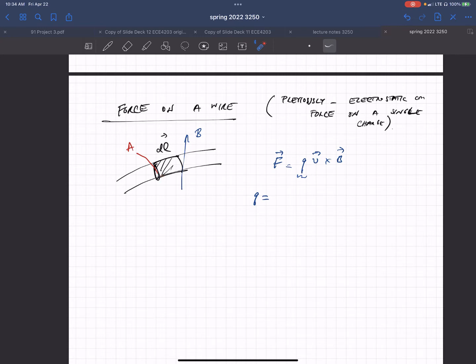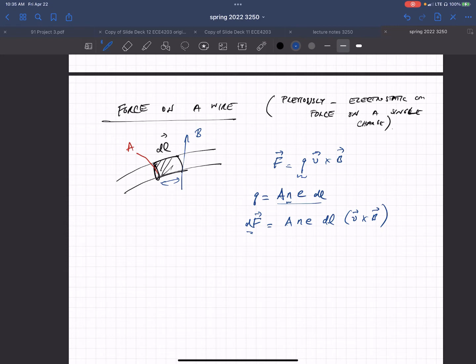So that's going to end up being the surface area times the length dl times the number of carriers n times the charge per carrier e. So that's going to be the charge. So you can write F, or dF, which is just the force on this particular length of wire, to be A n e dl v cross B.